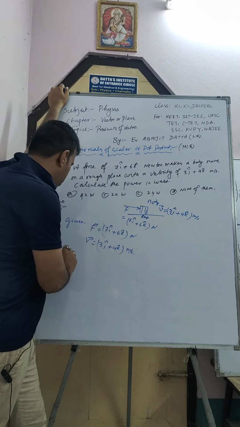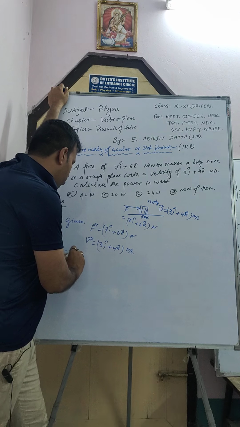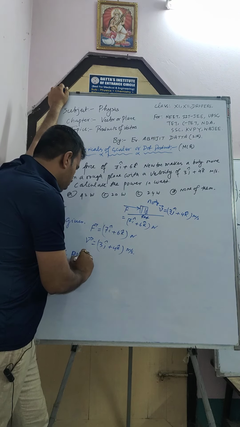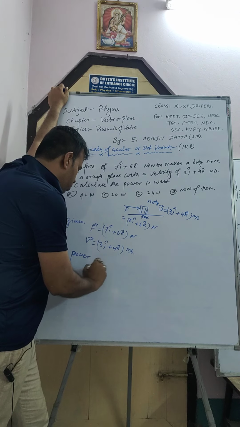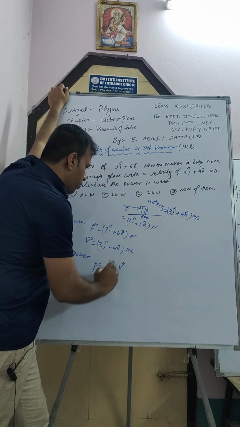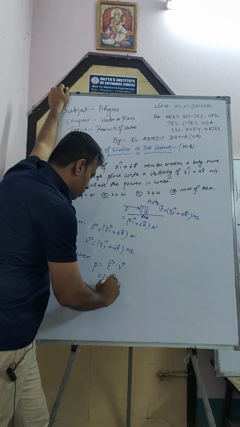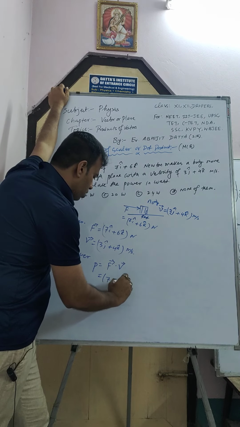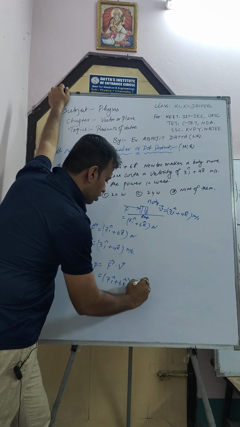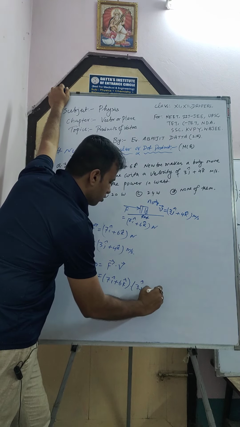Okay, now what is the power? So power P will be F dot V. F is 7i plus 6k, dot V is 3j plus 4k.